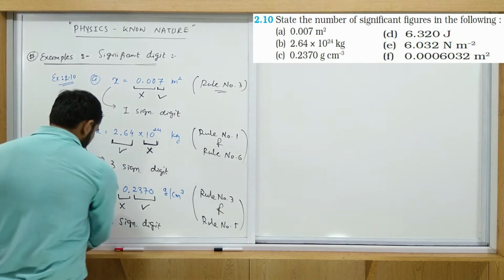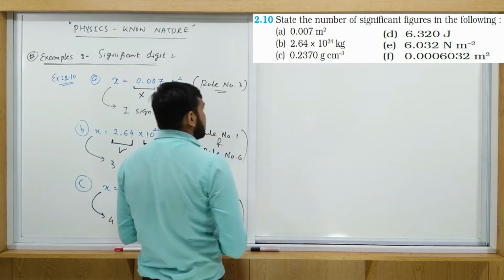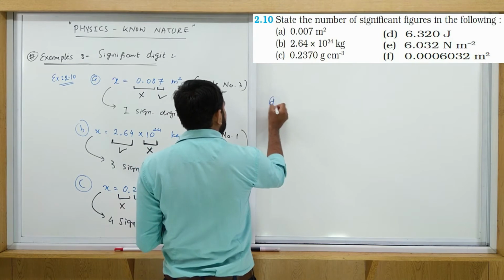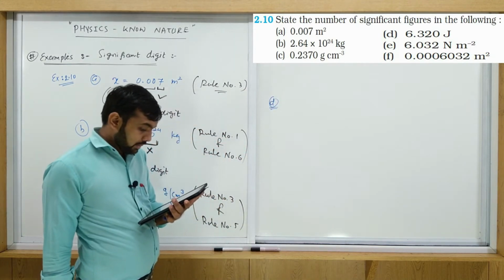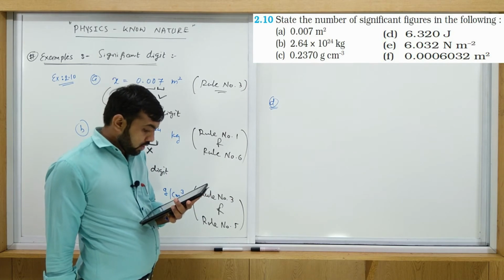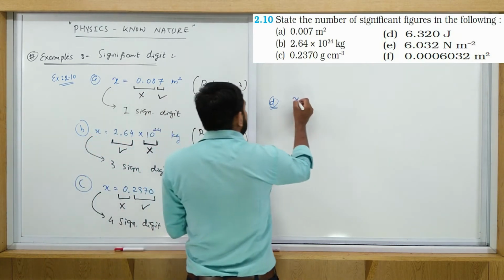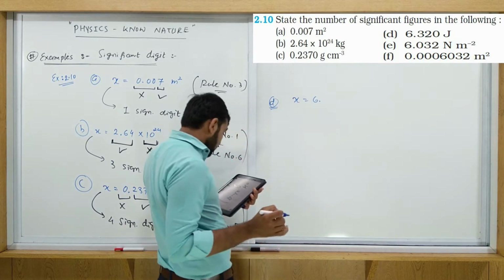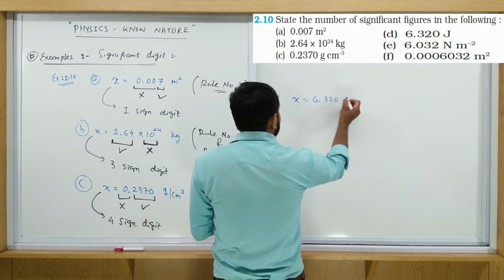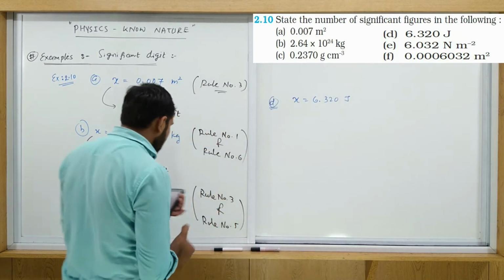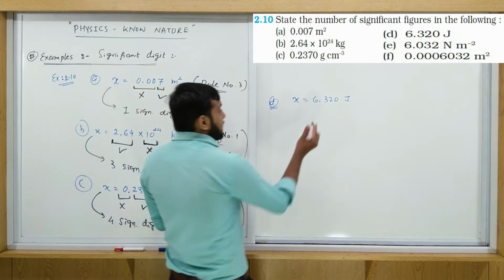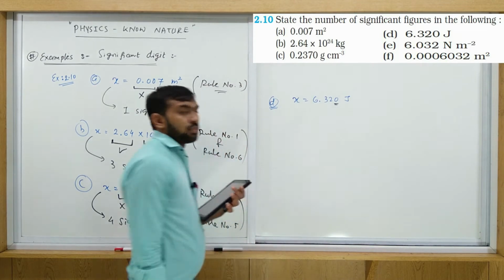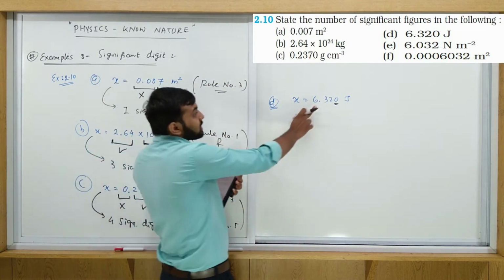D. All of you see this one, D. x is equal to 6.320 joule. This type of case is given to us. Then how do we count the significant digits? Here a right hand side 0 is present, but a decimal is also present.